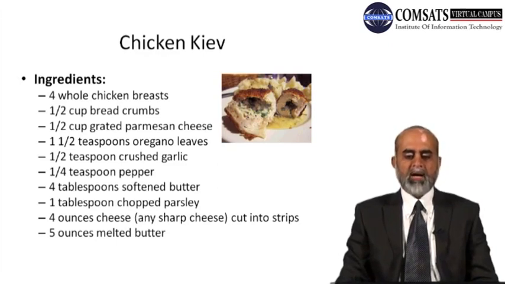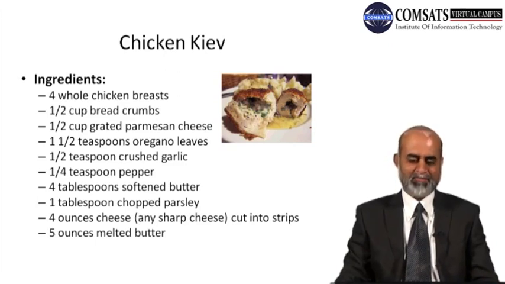Okay, we need 1½ teaspoons oregano leaves, and don't ask me what these oregano leaves are, because I can't really translate them. Half teaspoon crushed garlic, so it must be crushed. 1/4 teaspoon of pepper, 4 tablespoons of softened butter.